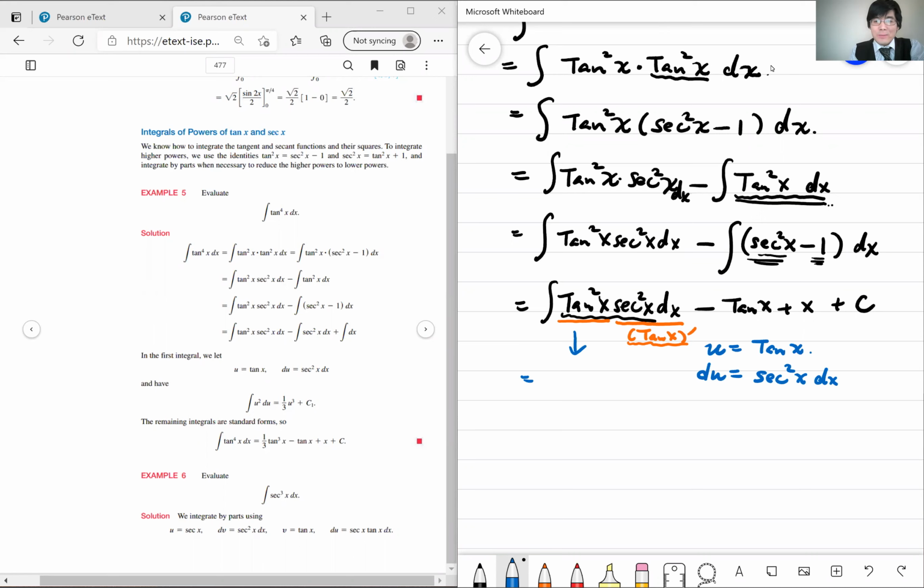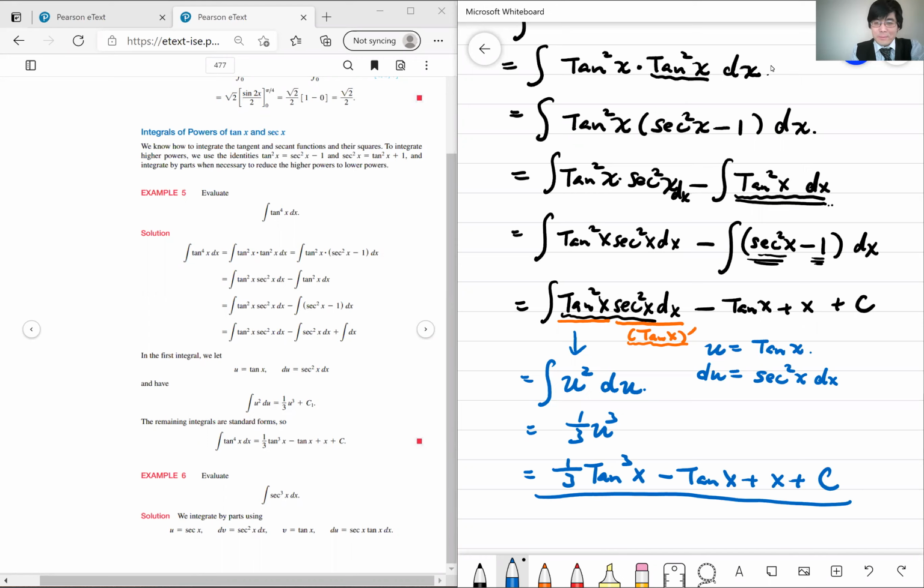So after you do this u substitution, it's going to be u square du, which will be 1/3 u cubed. Okay, so bring back to the original expression. So it's going to be 1/3 tangent cube x minus tangent x plus constant.